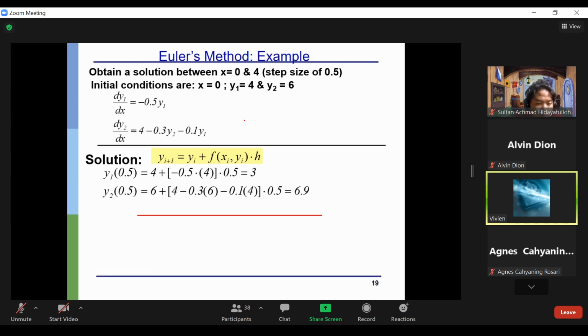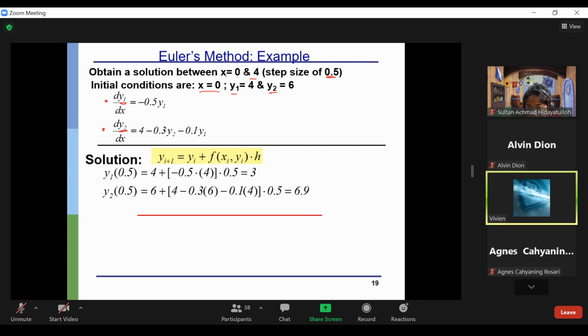For example, here we have two ODEs, the first and the second, and two unknowns to be found, y1 and y2. We want to obtain the solution between x0 and 4 with a step size of 0.5, similar to the previous question. The initial condition at x0 should be defined for the two unknown variables, y1 and y2, so it has to be provided for both.